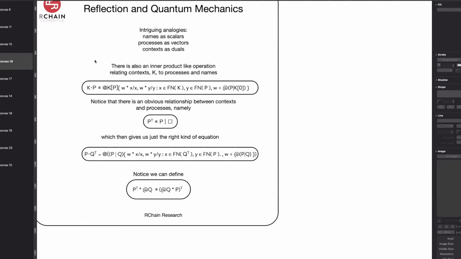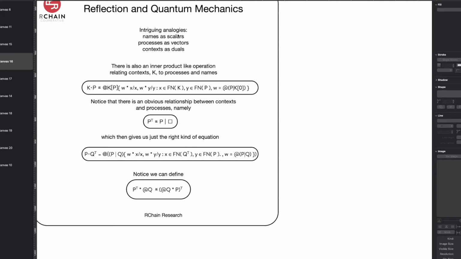So then it turns out that you can think about contexts, single hole contexts, as something that gives you a notion that's natural in the sense that it's dual to processes. So what I'm really doing here is following these analogies, right?